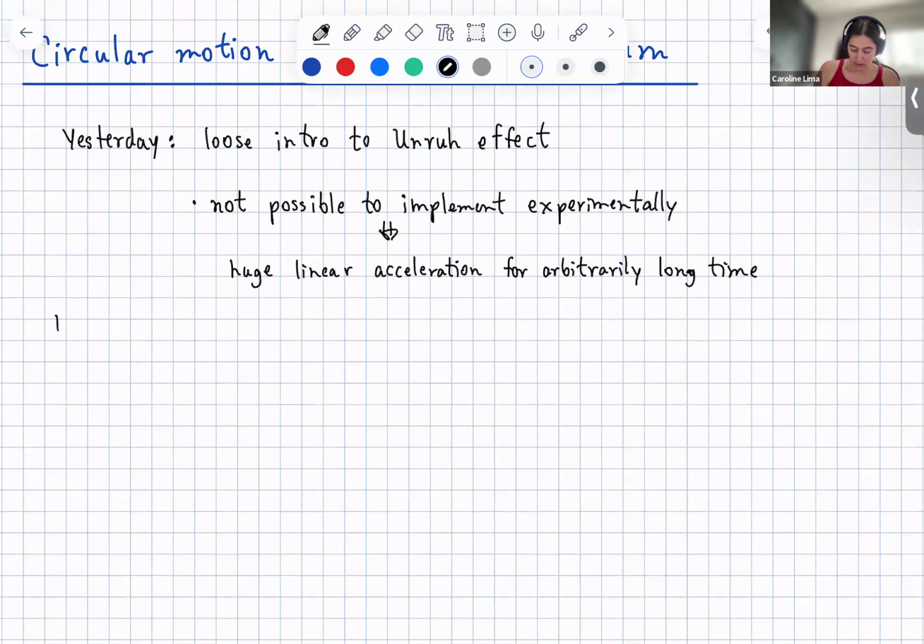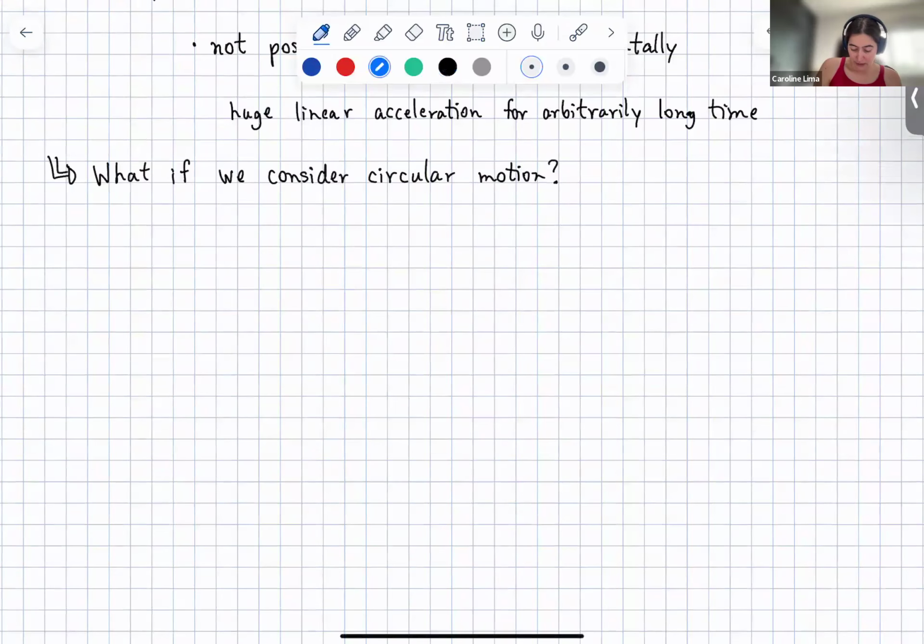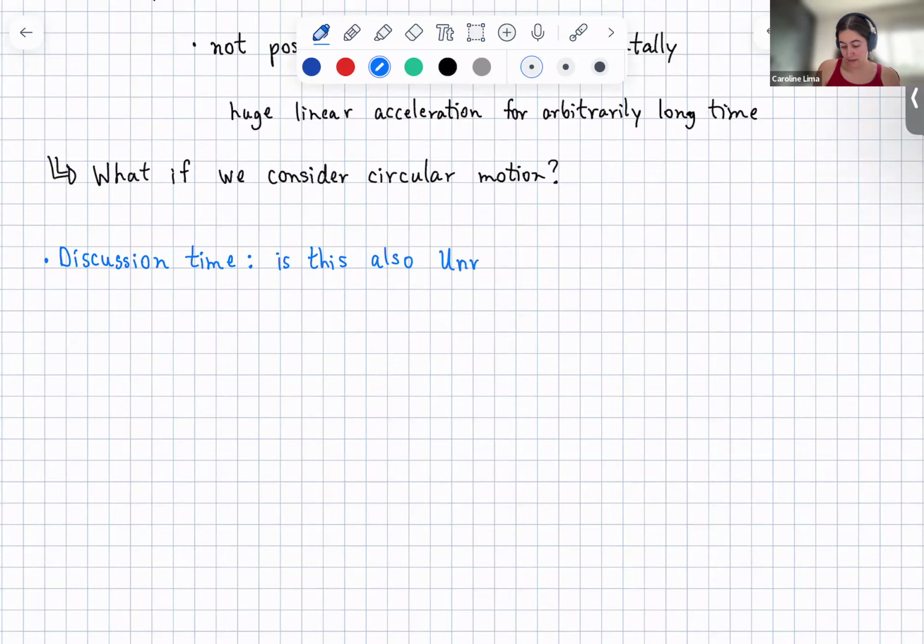Okay, so the question would be, what if we consider circular motion instead? Yesterday, I gave you some homework because I told you that I wanted to start this lecture with some discussion. The question is, is this also an Unruh effect?